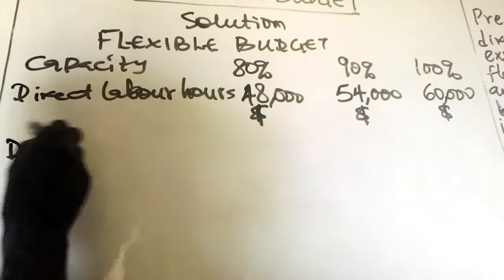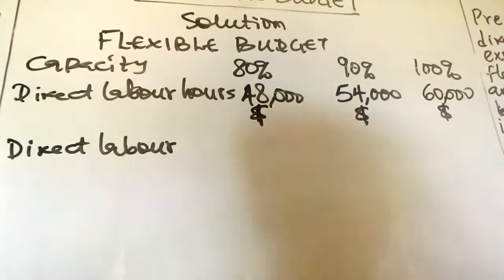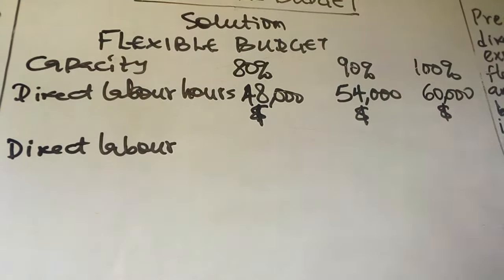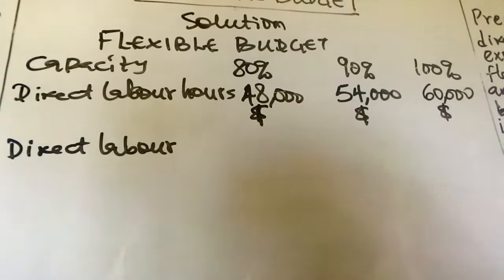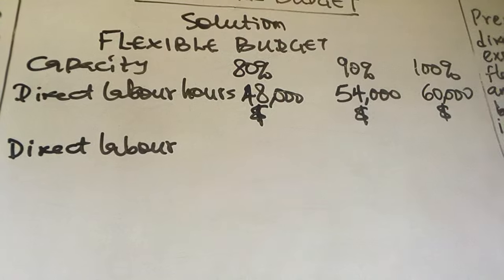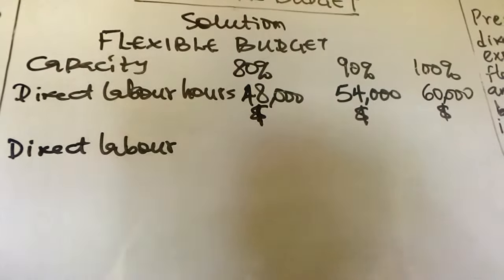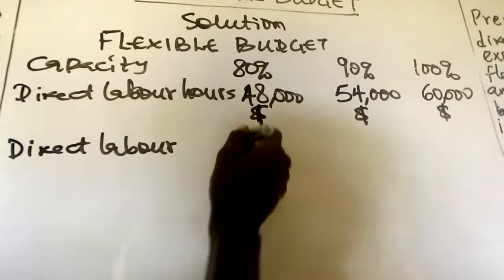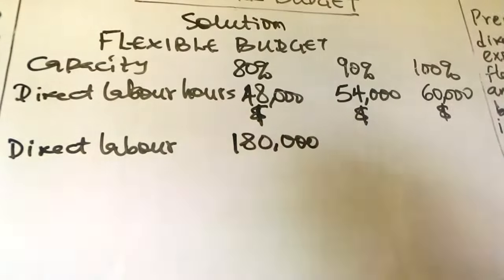So to calculate the amount of direct labor cost, since it is $3.75 per hour and at 80% capacity 48,000 direct labor hours were worked, 48,000 times 3.75 will give us $180,000.